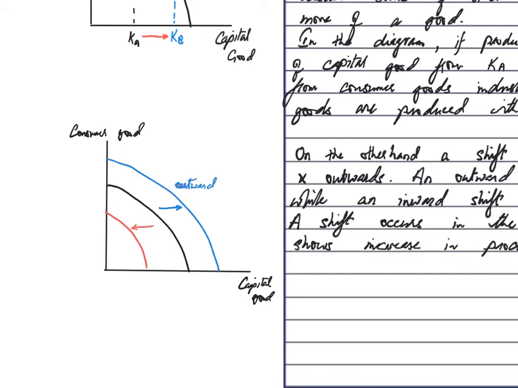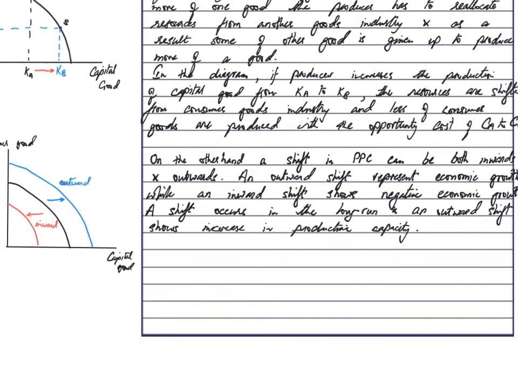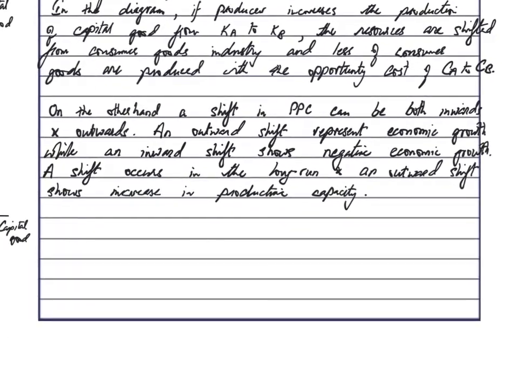This is an outward shift and this is an inward shift. You've mentioned everything other than what causes it, because the question is saying what can cause this. We've mentioned outward shift का मतलब क्या है, inward shift का मतलब क्या है.